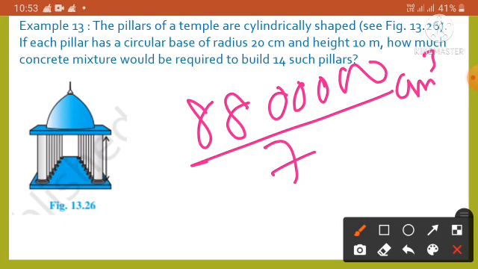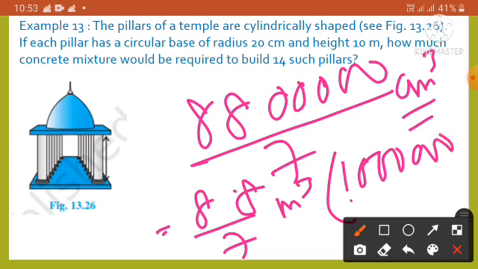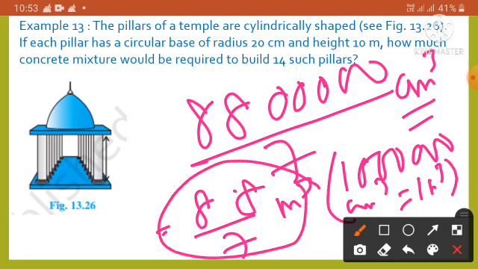Okay, now if we convert it into meter cube, it will be 8.8 by 7 meter cube, as 1,000,000 centimeter cube is equal to 1 meter cube. Then we can write this. So the volume of each cylinder is equal to 8.8 by 7 meter cube.